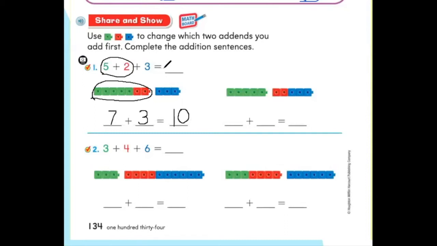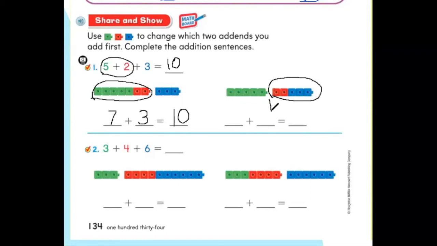That means that 5 plus 2 plus 3 is also 10 because we just solved the problem by first adding 2 addends and adding another, but it's still the same exact problem. Your job is going to be to change which 2 addends you add first on this side. Notice that this time the cube trains look different. This cube train shows us which 2 addends you will add first.